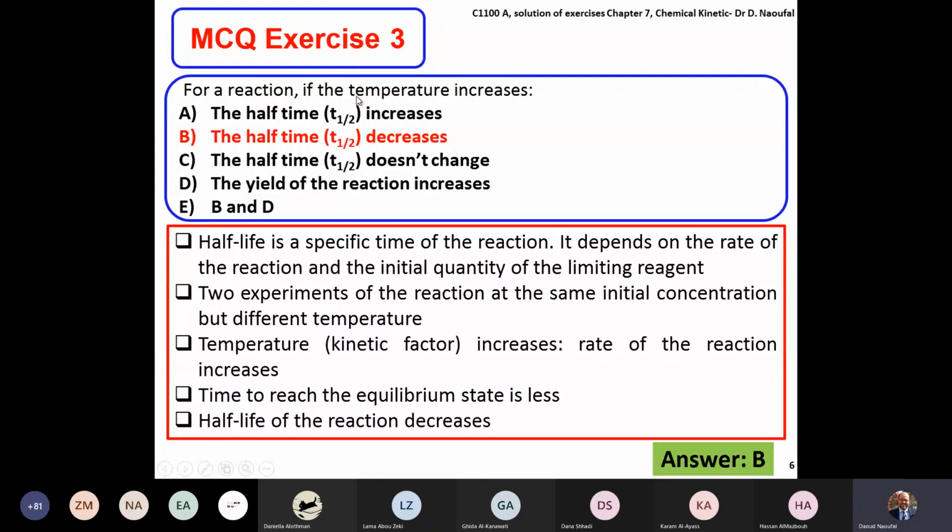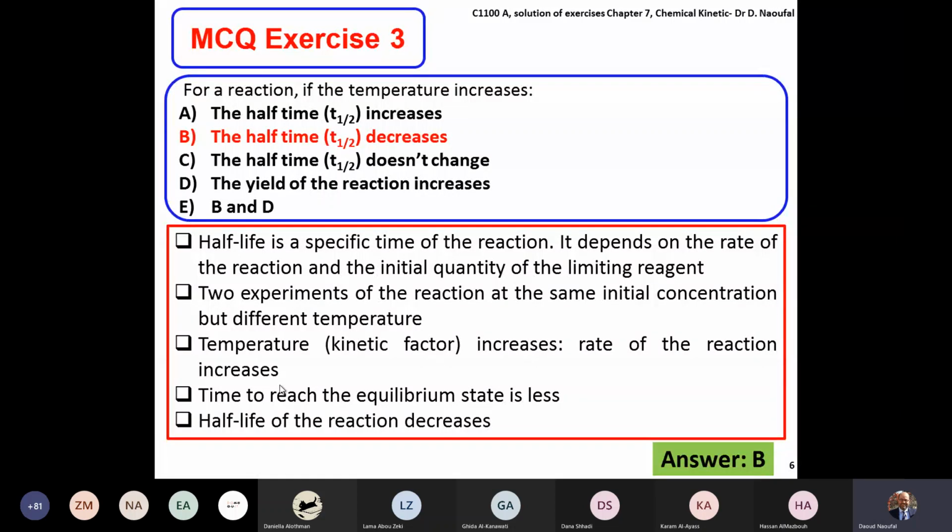What would happen when the temperature increases? We suppose in this problem we change only the temperature of the experiments, but the initial concentrations are the same. When the temperature increases, the rate of the reaction increases, since temperature is a kinetic factor.